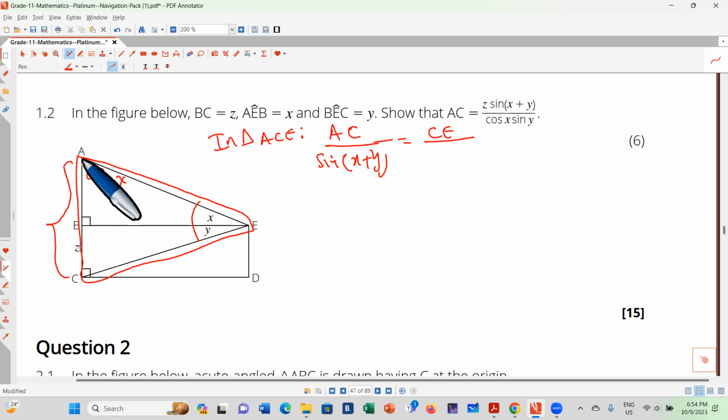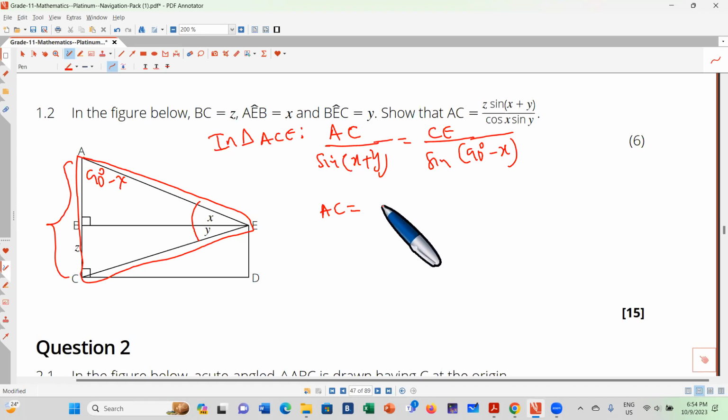So we take now AC over the sine of this. We're working in triangle ACE. It must therefore be equal to CE over the sine of the angle opposite CE, so it's actually 90 degrees minus X. So we have AC.